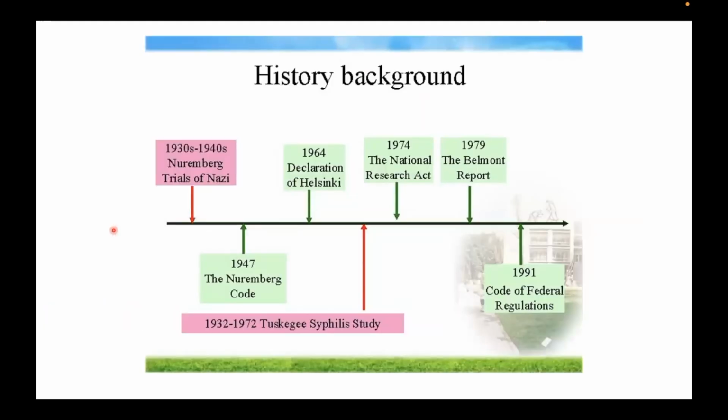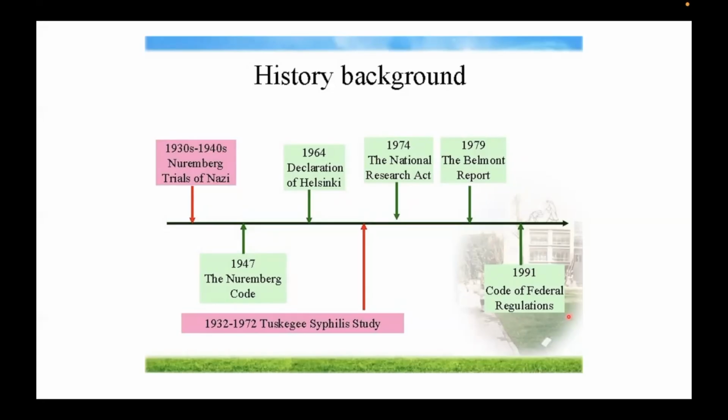Now here, after Hippocrates, after Edward Jenner, after Louis Pasteur, came the famous Nuremberg Code of the Nazis. Then the Declaration of Helsinki, the National Research Act, the Belmont Report, and the Code of Federal Regulations.